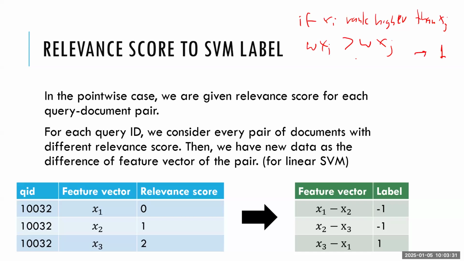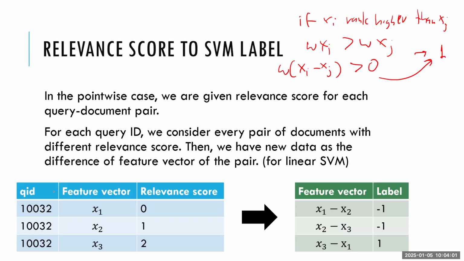You can rewrite this equation to be w times (xi minus xj) greater than 0. And this greater than 0 corresponds to 1 very nicely. Basically, we want this to be as close to 1, or maybe greater than 1, as much as possible.